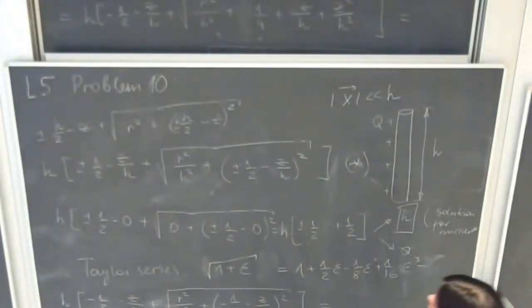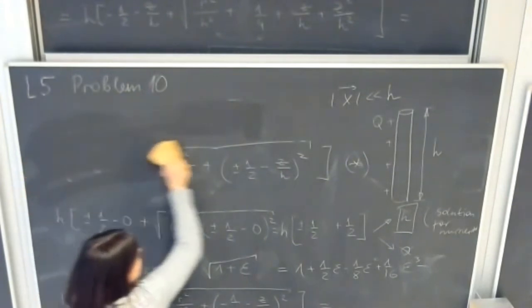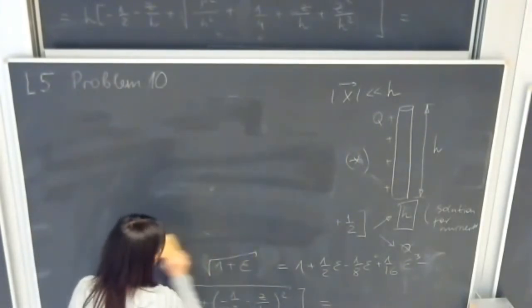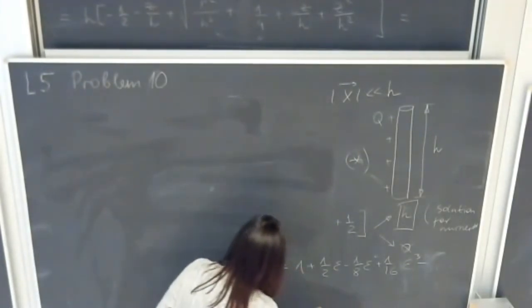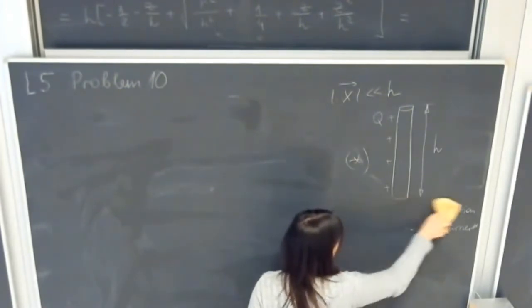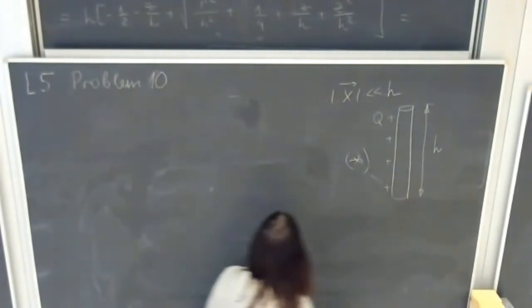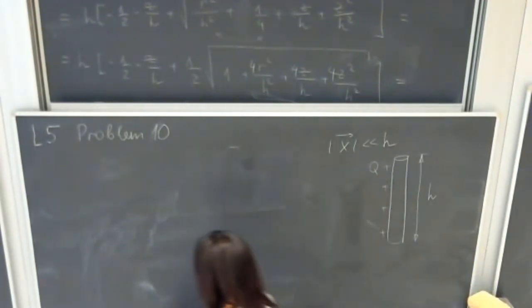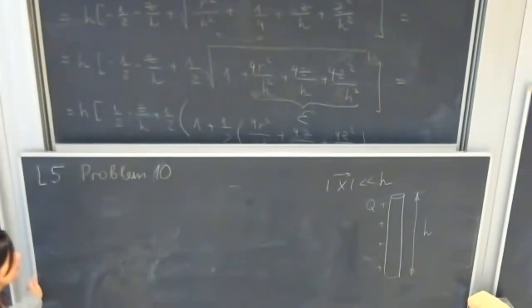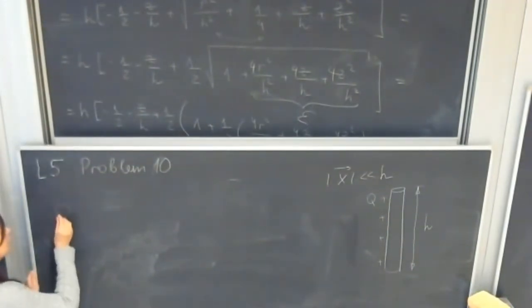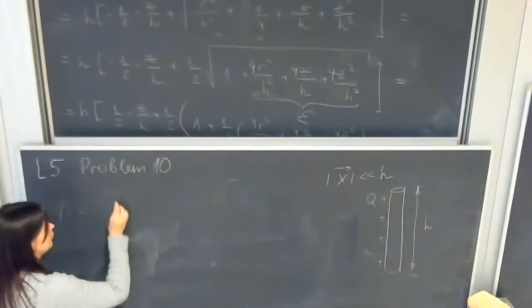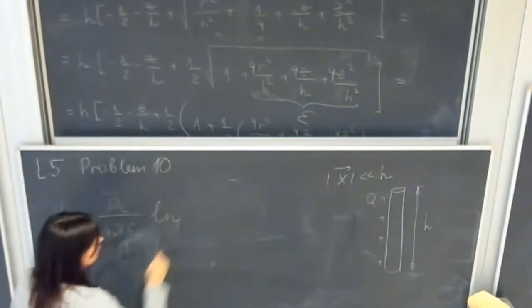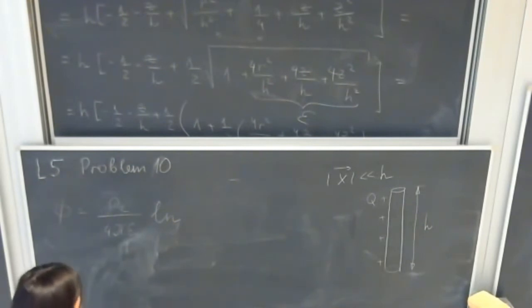So let me write again the solution of the Coulomb integral. So I think it was something, and then we had that natural logarithm with a really large expression.